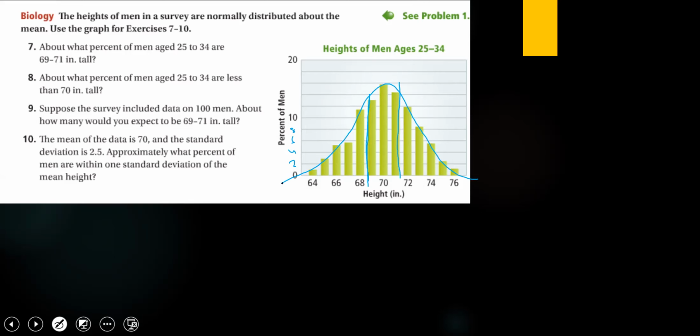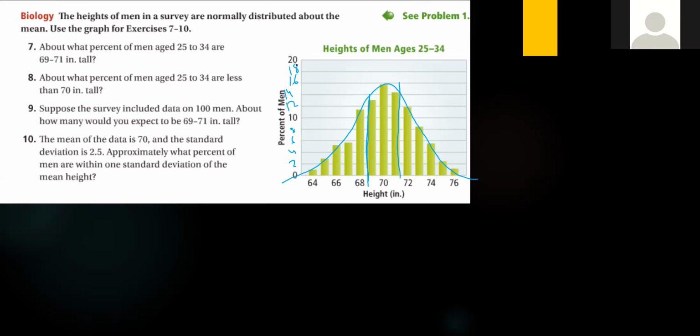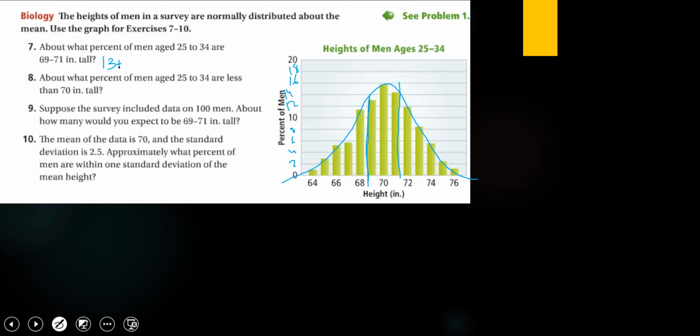What do you have to add? Here we have 12, 14, 16, and 18. 13 plus 16, approximately 16, 15.5, and 14.5.